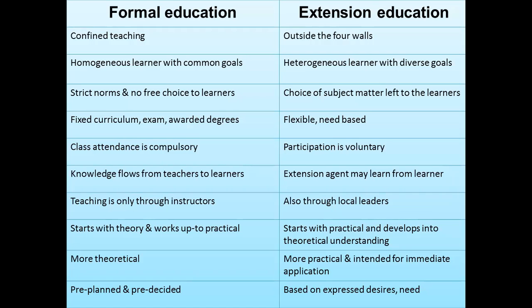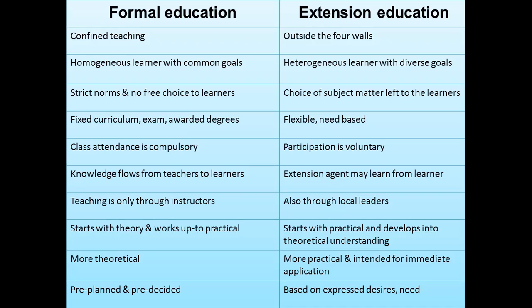Formal education is confined to teachers, but extension education is outside the four walls. Basically, it is learner-centric, not teacher-centric. In formal education, there are homogeneous learners with common goals, but in extension education, there are heterogeneous learners with diverse goals. Formal education has strict norms, no free choice to learn.